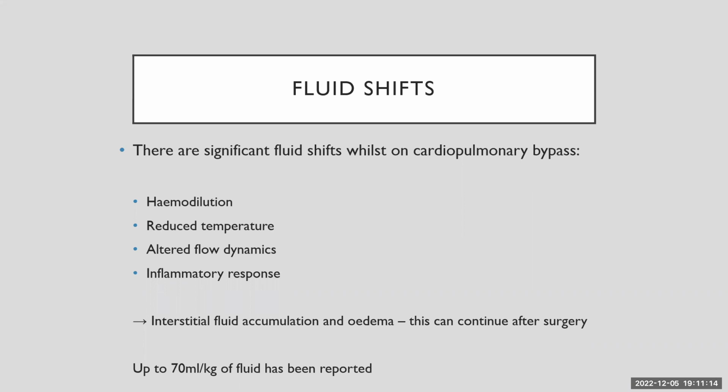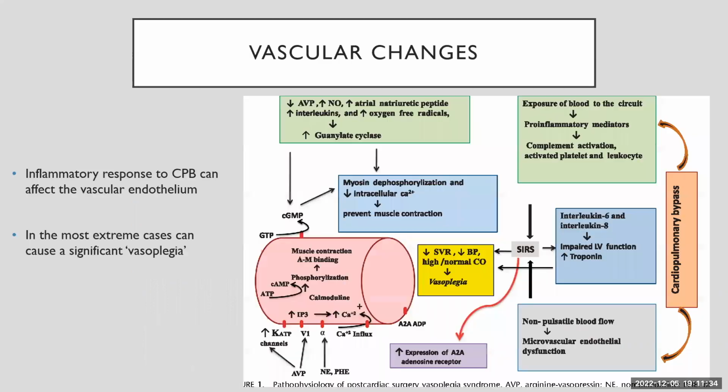The end result of this is that patients often end up with several liters of fluid that they didn't have when they entered the theatre, and that has implications in the post-operative period, and generally for the post-operative management of these patients.